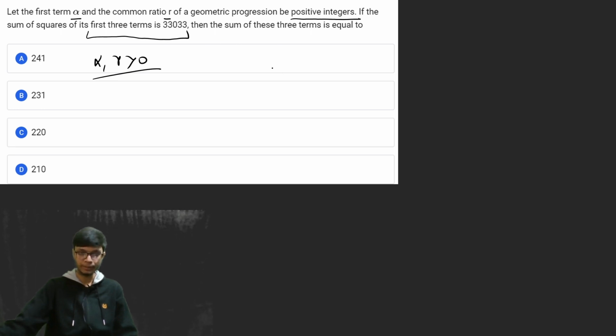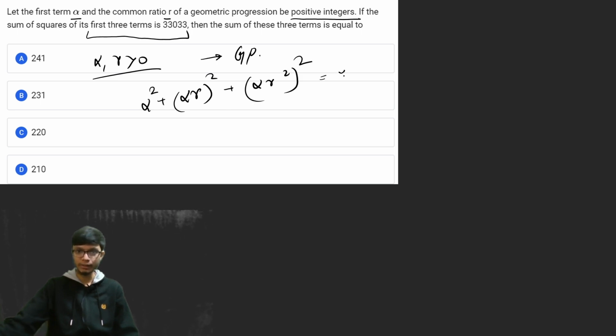So we can write the squares of the first three terms: alpha squared plus (alpha r) whole squared plus (alpha r squared) whole squared is equal to 33033. That is mentioned in the problem as the sum of the squares of the first three terms of the GP.